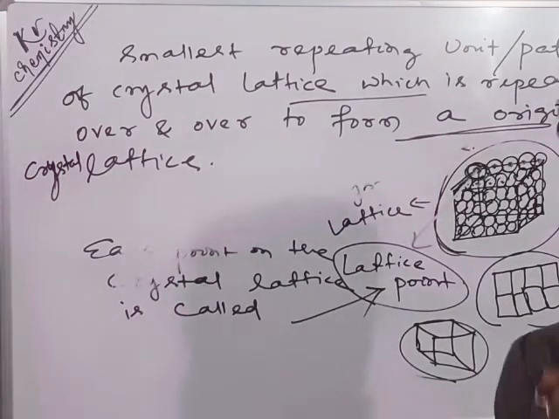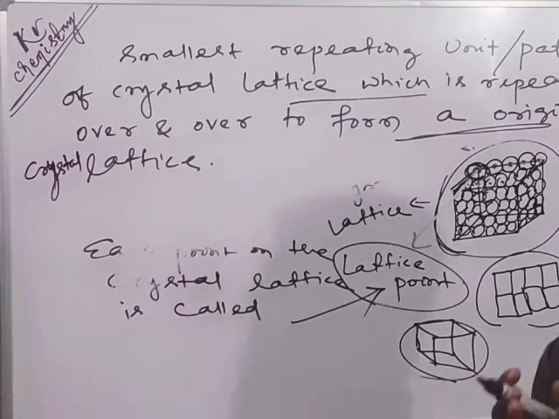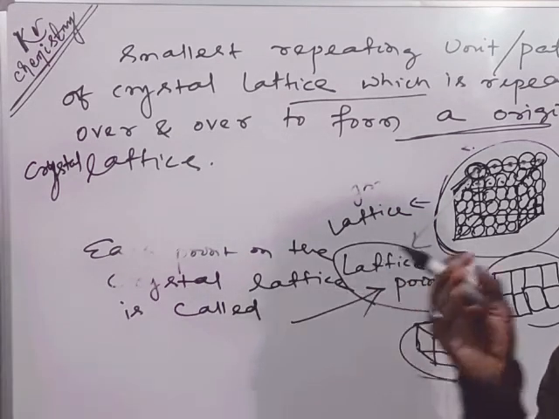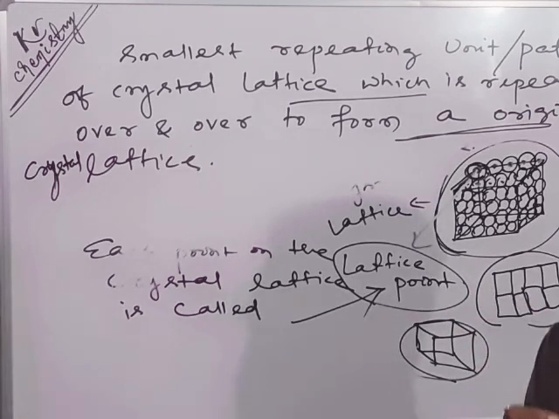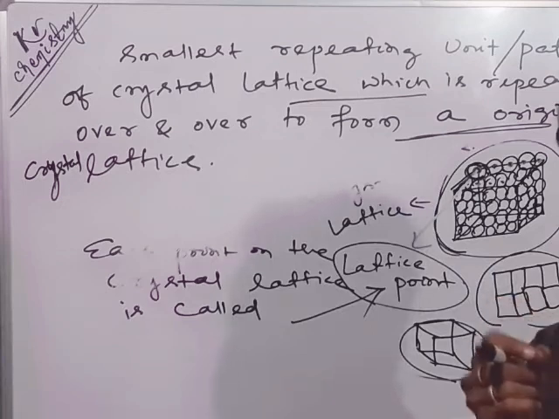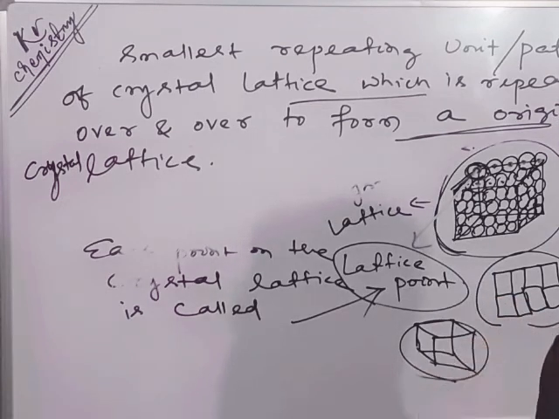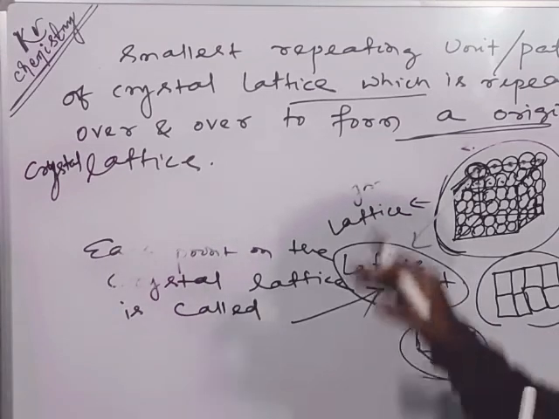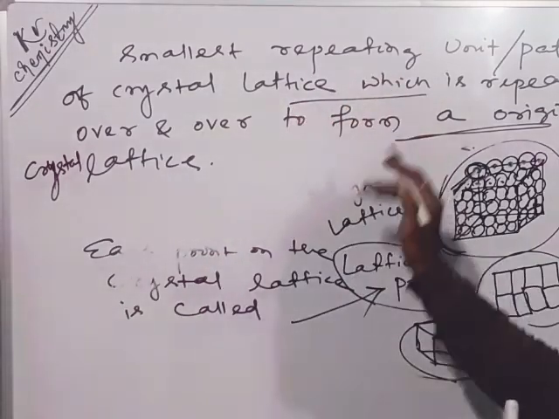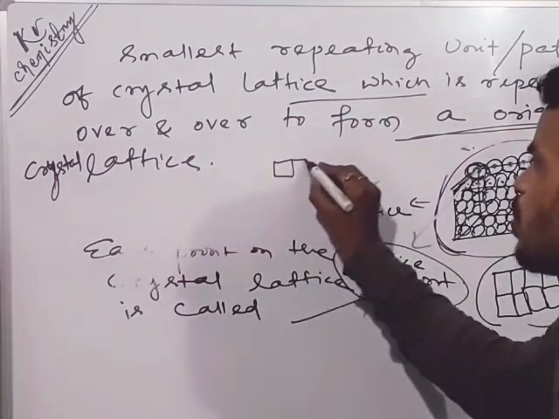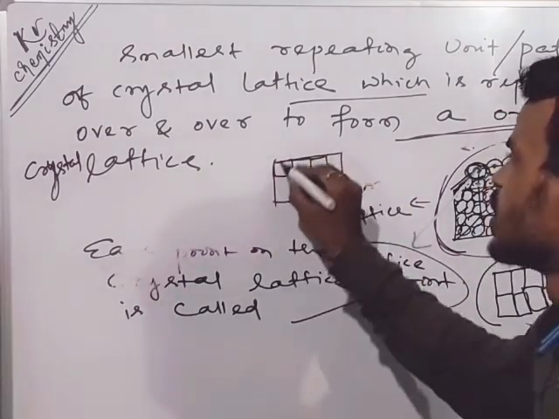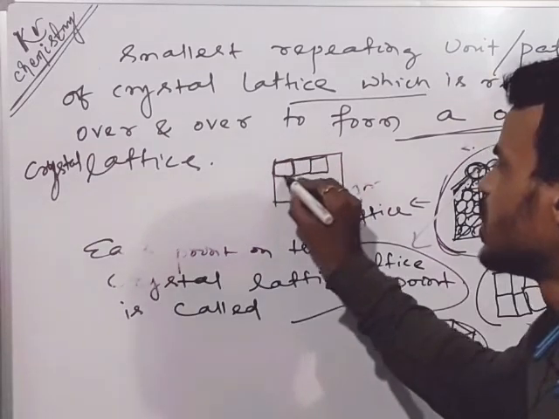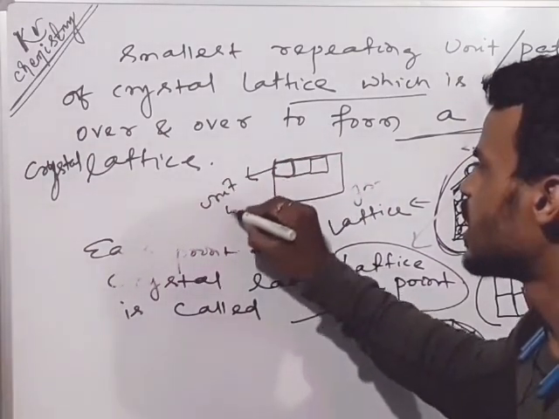It is the smallest part of a crystal lattice which combines together one by one, like in a water bottle, drops of water combine together to form a total water bottle. Like that, the smallest unit of a lattice combines together to form the total lattice. This smallest pattern is called a unit cell.